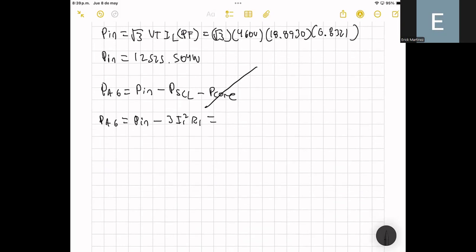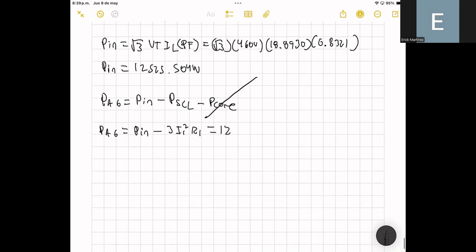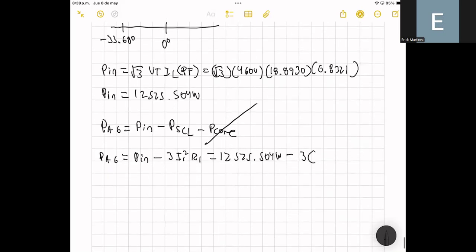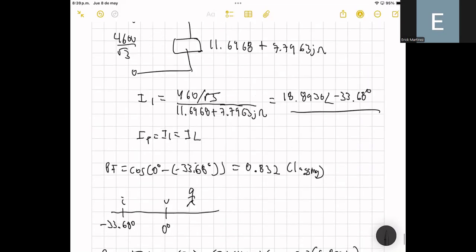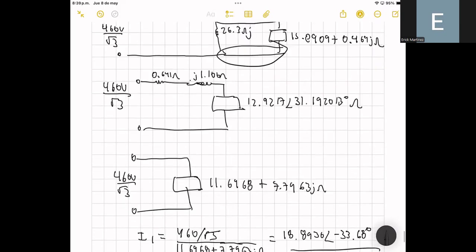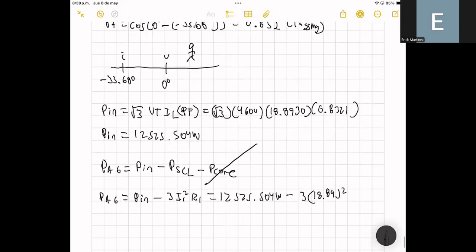Well, I will write all of this, no? We know that this is 12,525.504 watts minus 3 times the magnitude of I1, that is 18.89, and this is squared, times the resistor R1, that is 0.641.